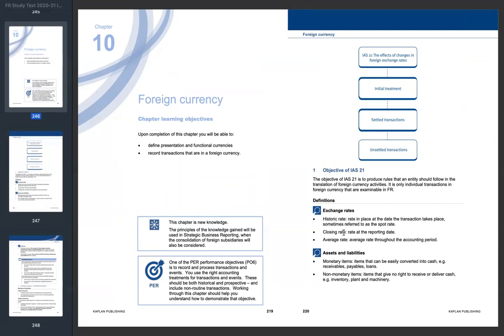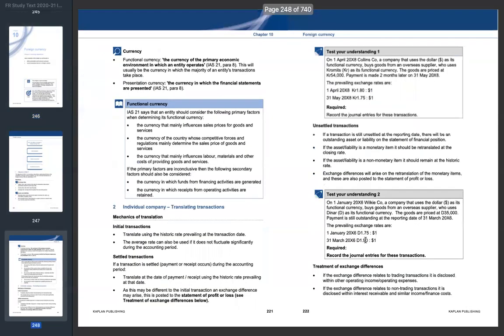Now, what is closing rate? After 3 months, if I make the payment for that commodity which I purchased, whatever the exchange rate is on that date is my closing rate, or the rate at the reporting date. And average rate is the rate which is constant, which is the average throughout the accounting period.